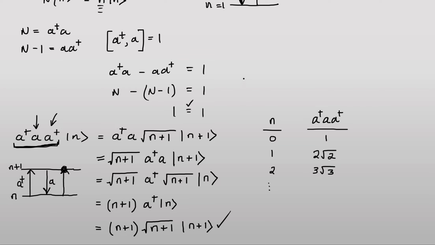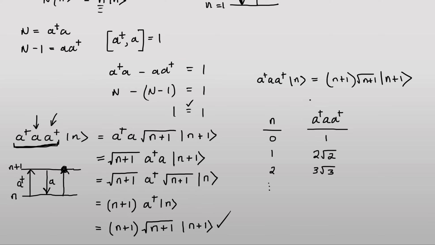I'll just rewrite this: a dagger A, and then a dagger again, acting on our n state is going to give us the same thing as just multiplying our state by this number, n+1 times the square root of n+1, and then this is our n+1 state.